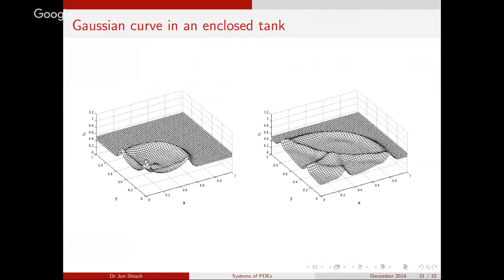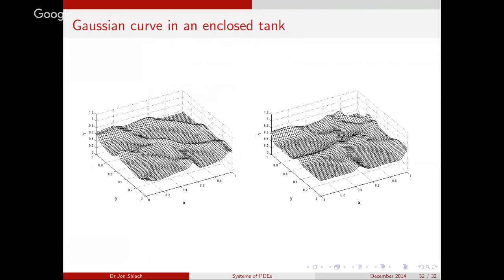This region over here is just allowed to flow in the outward direction. This region here has flowed into the wall and then bounced back. You can see we've got a couple of waves coming here. I'll let it flow for a bit more. See the way it's starting to propagate. And we've got all this stuff bouncing off the walls.